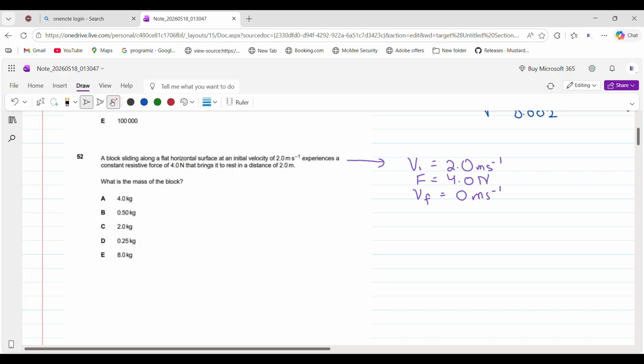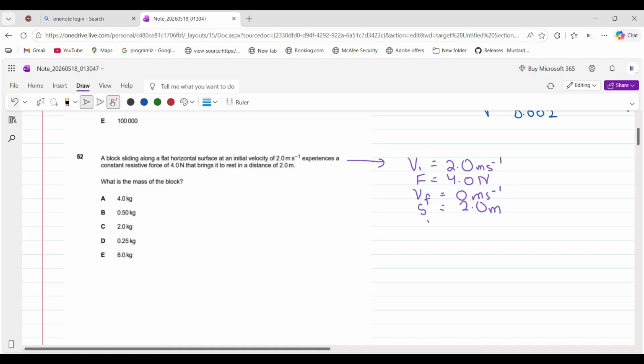And then the distance is 2.0 meter. Distance is represented by the symbol S and it is 2.0 meter.